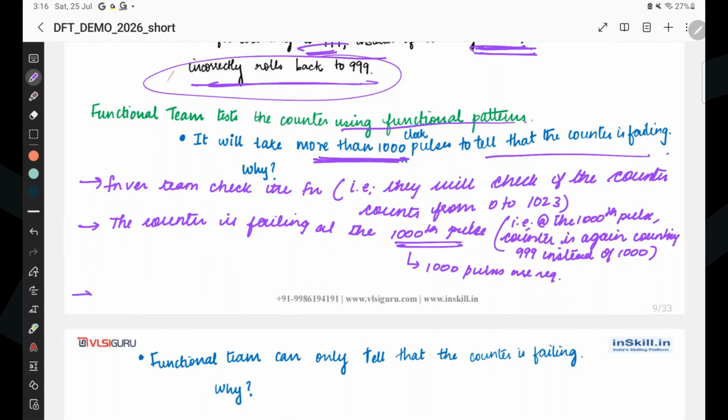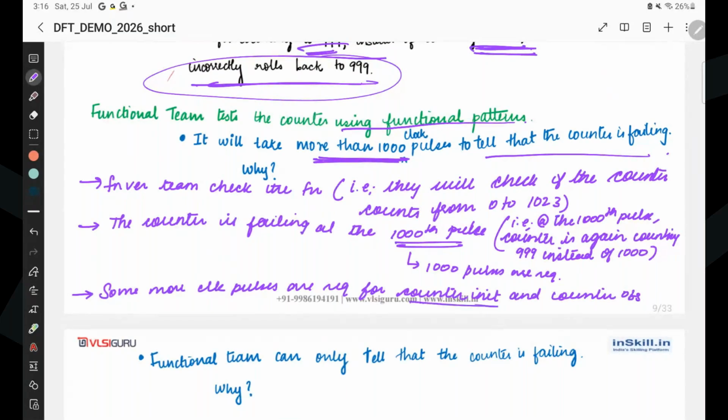And then some more clock pulses are required for counter initialization and counter observation. Counter initialization means the counter has to be brought to the initial state.